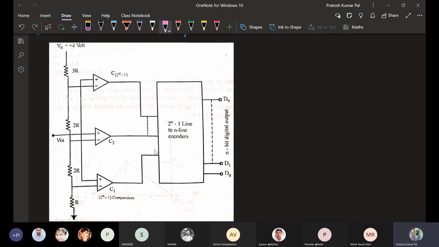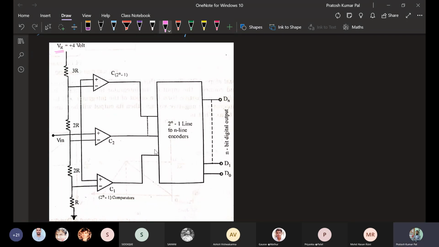There are different comparator components, and these comparators will be connected in parallel with each other. Each comparator is connected to a reference voltage. So one input will always be a reference voltage.